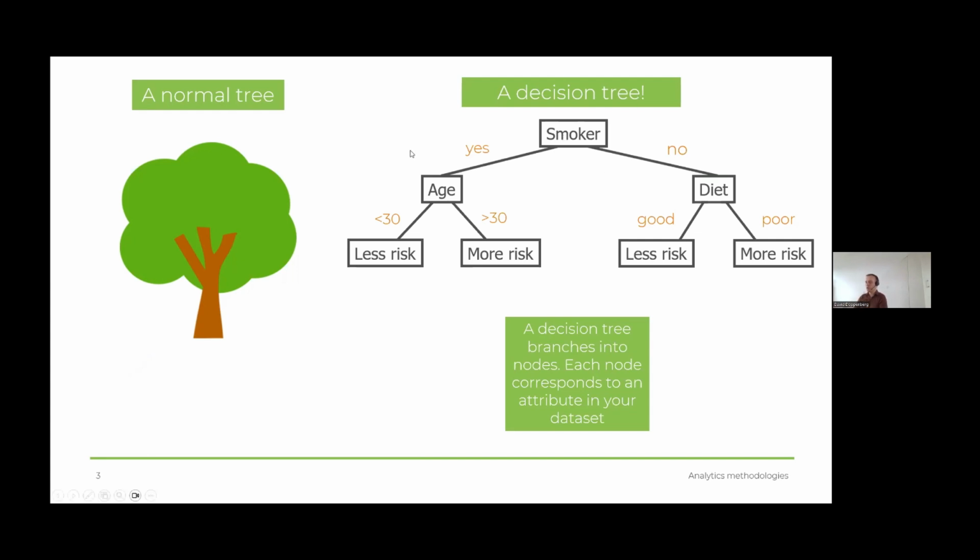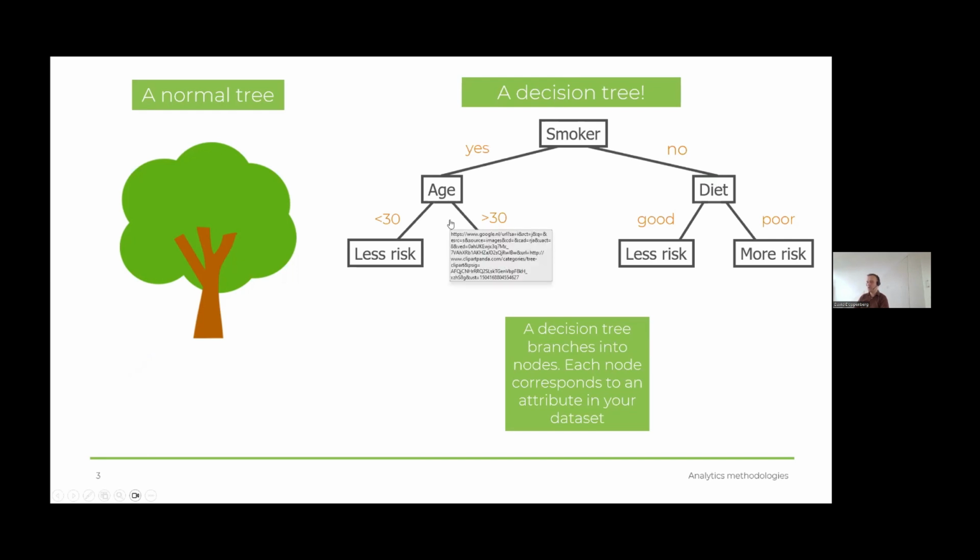Here, for example, we want to predict whether someone has more or less risk of getting lung cancer. The first question we ask when an instance appears is: is this person a smoker? Yes or no? If yes, we pass this instance to the yes branch, and if no, we pass it to the other branch.